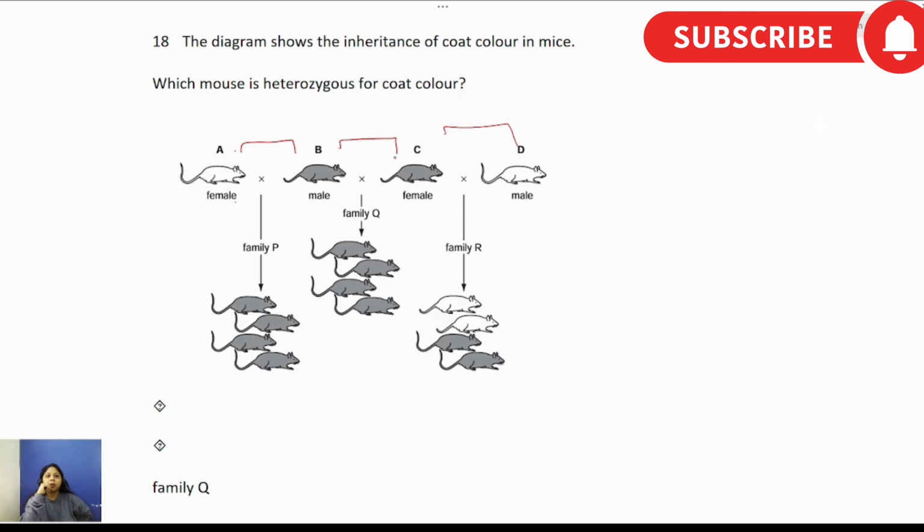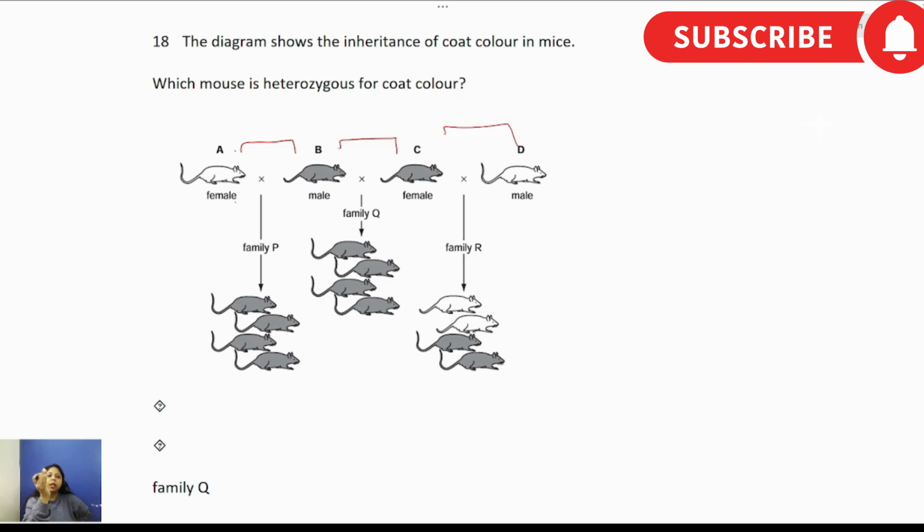So which mouse? This couldn't be the answer, because we have to look for the heterozygous one. So it could be C or it could be D.